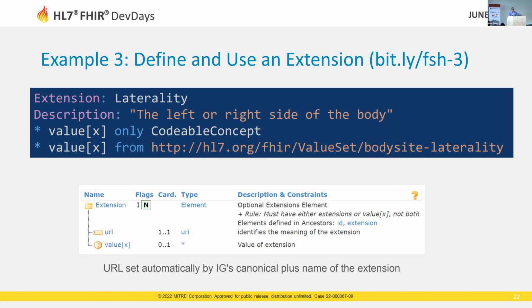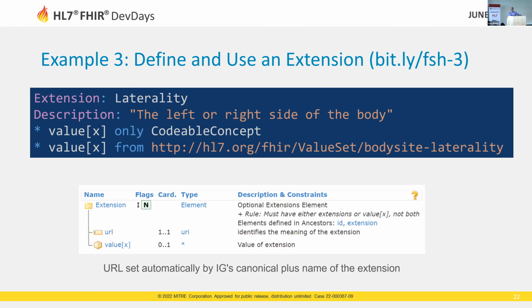So extensions are simple to define. This is a non-nested extension that I'm using as an example for laterality, either the left or right side of the body. It's got a declaration, which is extension, a description, which you can read, and then it takes the value, which is part of every extension, and says that value is going to use a type rule to say that's only a codable concept.